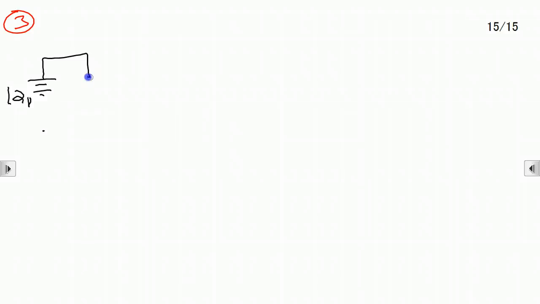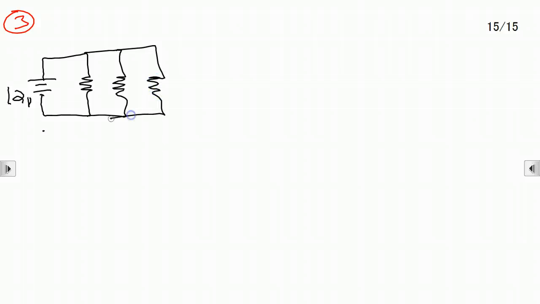And now we are in parallel. So I have 3 resistors in parallel. And they are R1, R2, R3. And the first one is 8.2 kilo ohms. Next one is 6.8 kilo ohms.